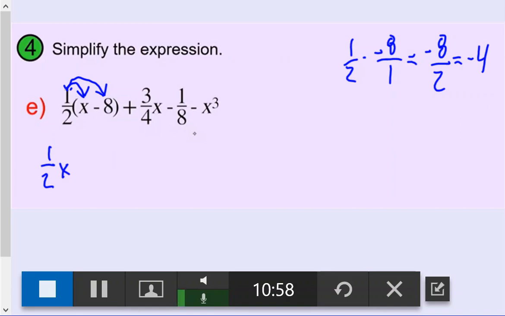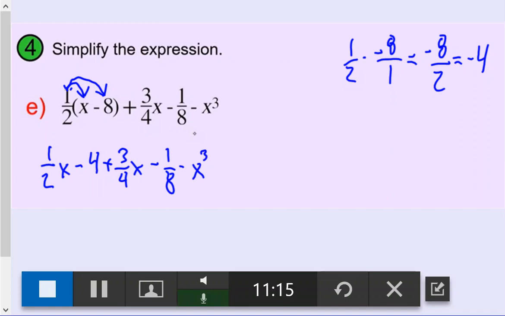Okay, so then we have -4, then we're just going to bring down the rest of these terms, plus 3/4 x minus 1/8 minus x to the 3rd power.